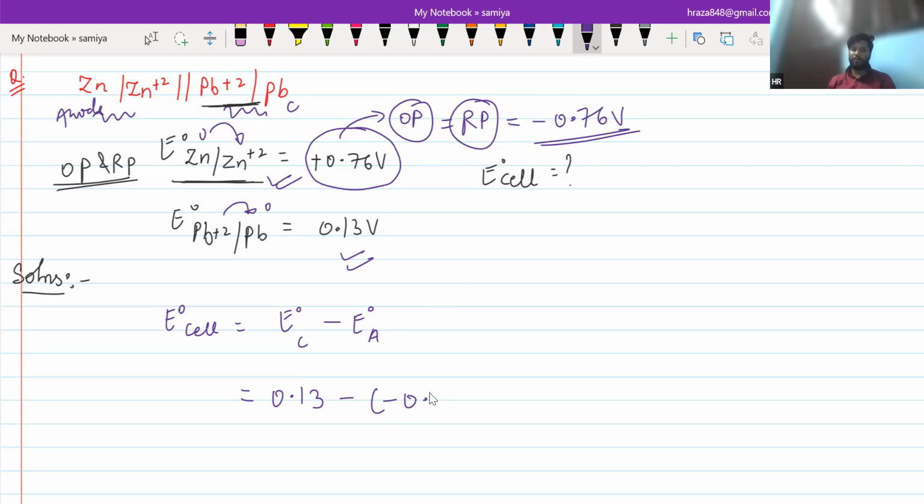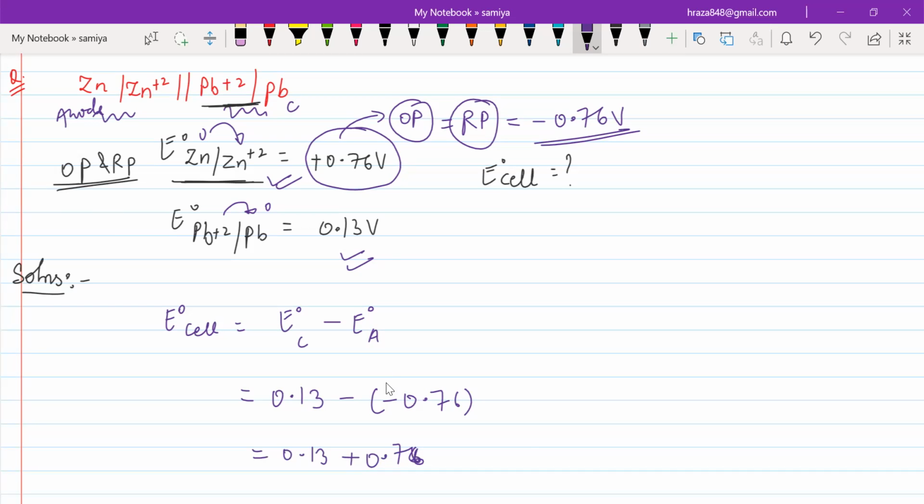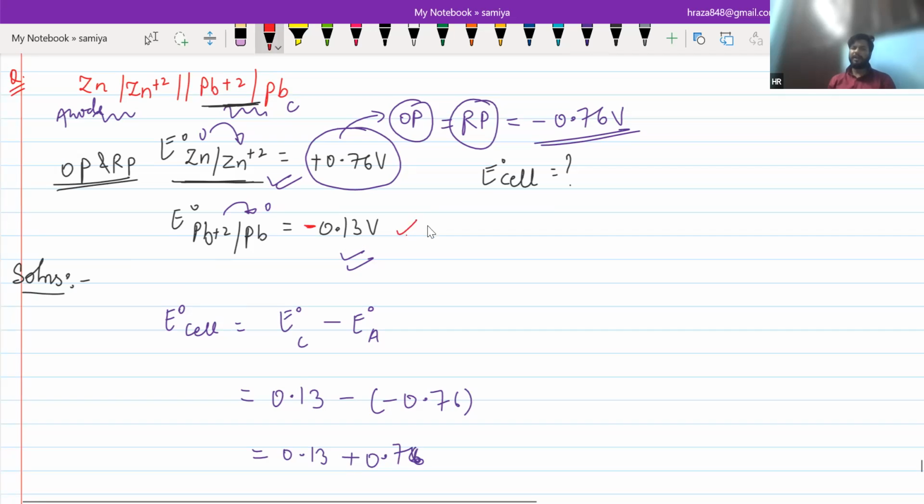So if you put the value minus 0.76, you will get 0.13 plus 0.76, which is 0.89. Make sure you write this, but practically it is negative, so you will get 0.63 volt, but positive. You got this?